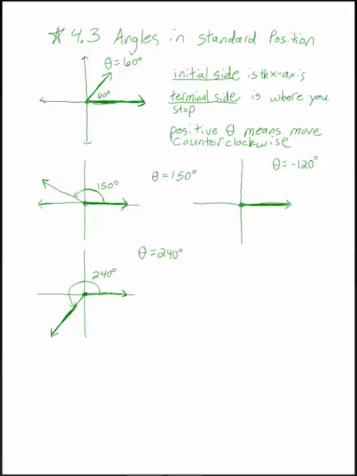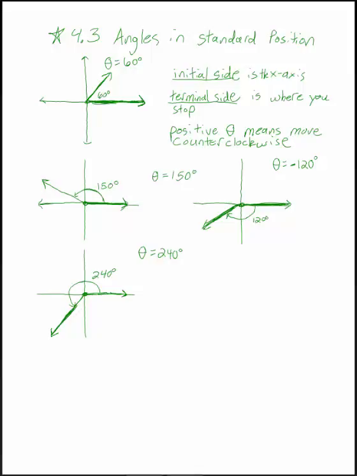Now I'm going to go negative 120 degrees, which means I'm going to measure out theta going clockwise. So that would stop over in quadrant 3. So I'm measuring going clockwise instead of counterclockwise if theta is negative.